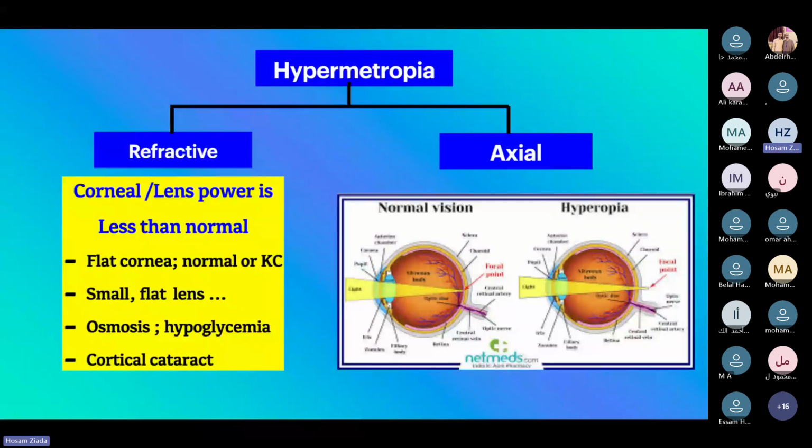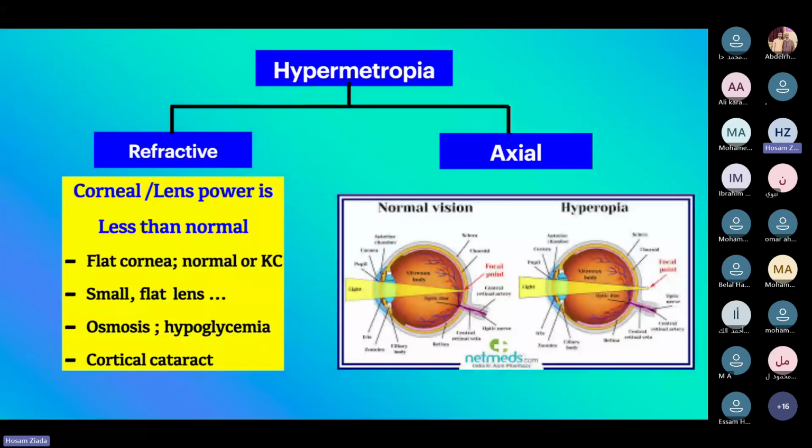But in myopia, the patient can see near objects clearly, while far objects are blurred. Okay, so that's the difference here. Hypermetropia is not supervision, it's not plus vision. It's actually an error of refraction.